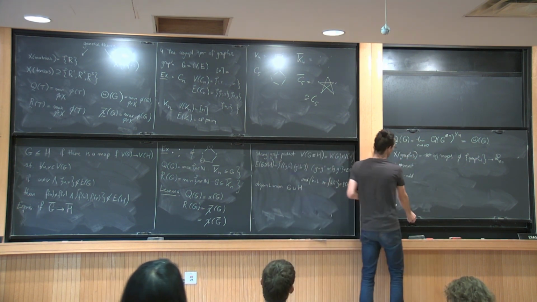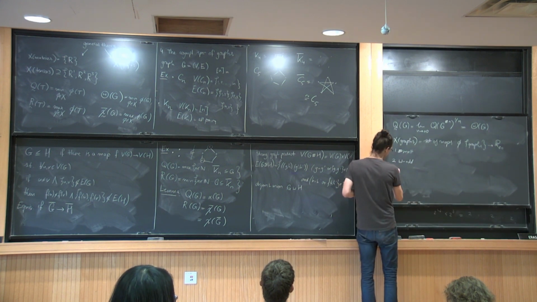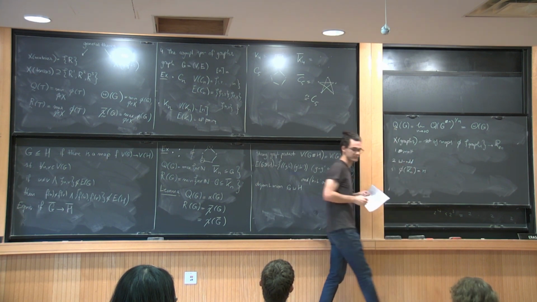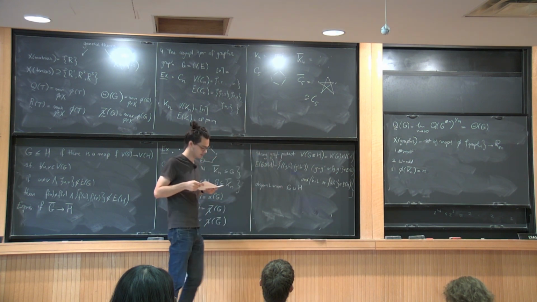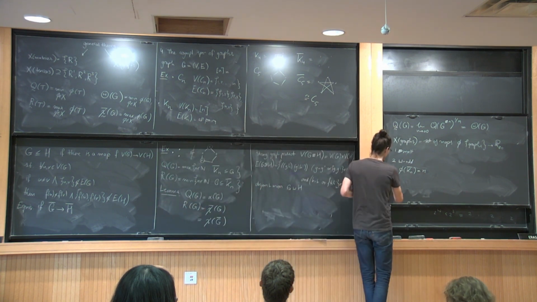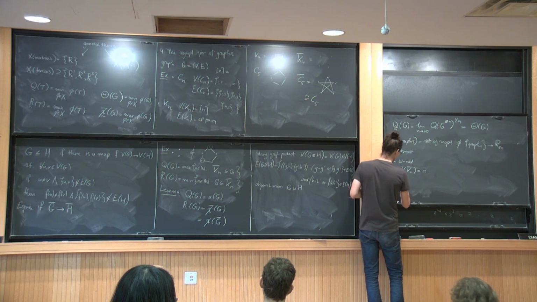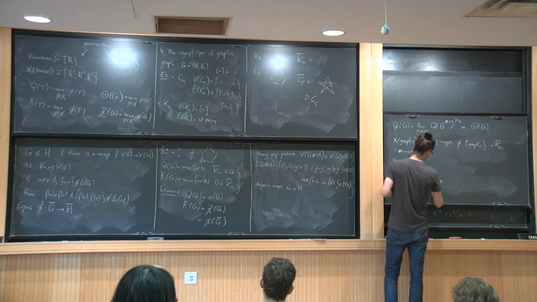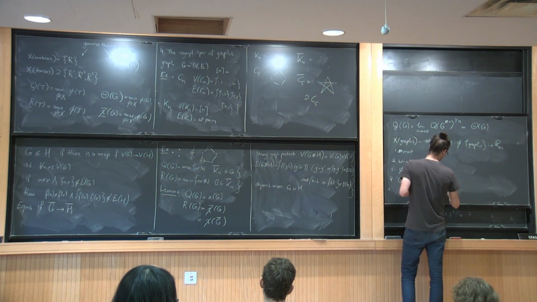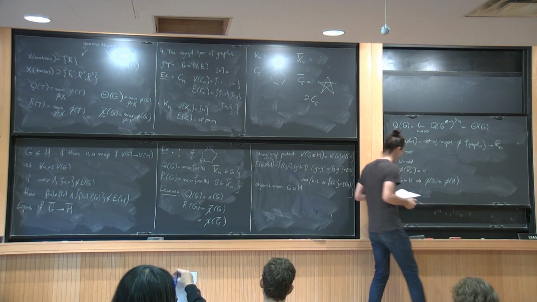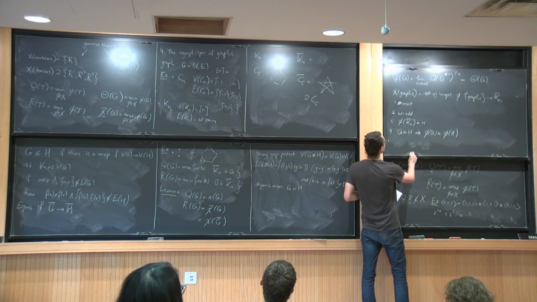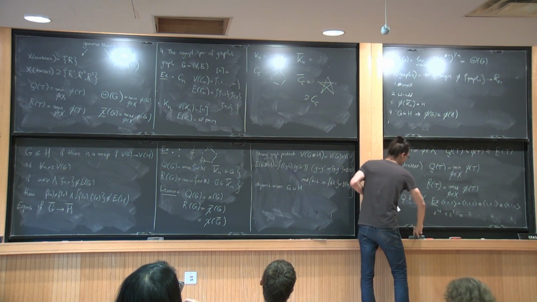We want phi to be normalized, meaning in this case that phi of K_n bar equals n. And we want phi to be monotone. So if G is smaller than H, then phi of G is at most phi of H. So that's the definition.